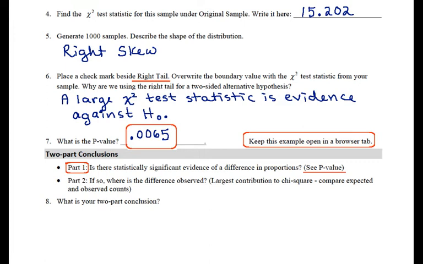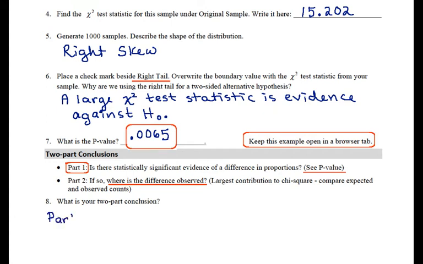It is smaller than 0.01, so we have very strong evidence that the number of each color of M&M that's put into the bags is on average different. Part two, where is this difference observed? For that, we have to look a little bit closer, and we have to look at each cell's contribution to the chi-square test statistic. So let's make our statement about part one first.